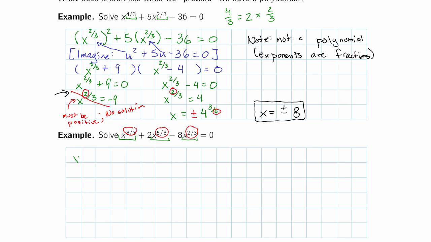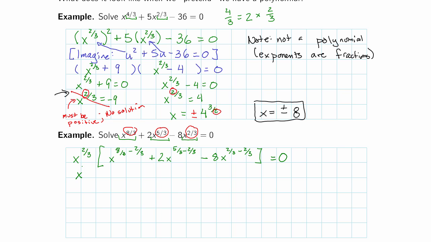The smallest power of x here is x to the 2/3. And then I'll be left with x to the 8/3 minus 2/3, plus 2x to the 5/3 minus 2/3, minus 8x to the 2/3 minus 2/3, equals 0.